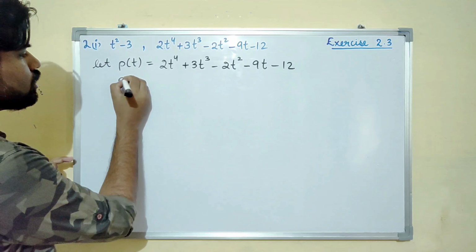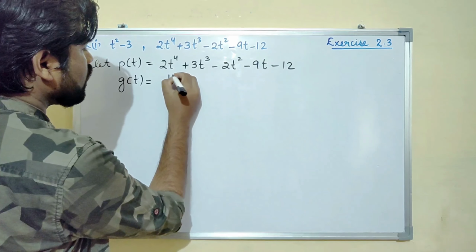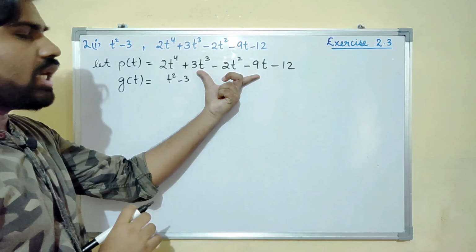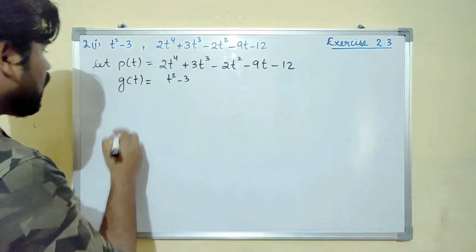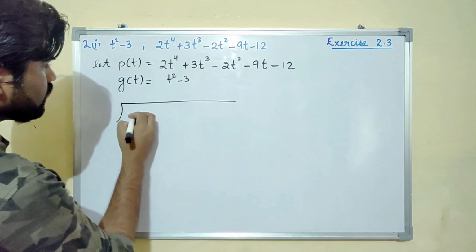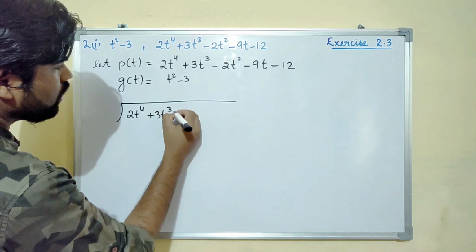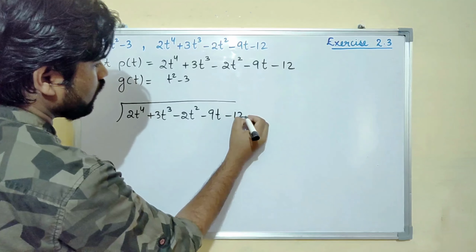Now this is your divisor g(t), which is t square minus 3. Now let us divide the p(t) polynomial by the g(t) polynomial. Okay, now here the dividend is 2t to the power 4 plus 3t cube minus 2t square minus 90 minus 12.